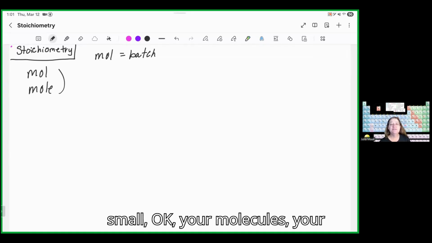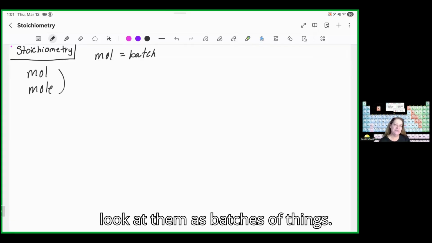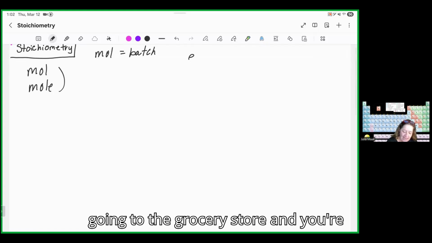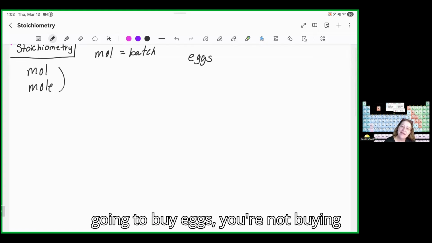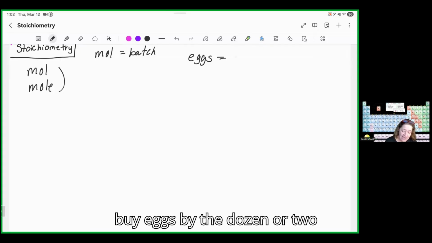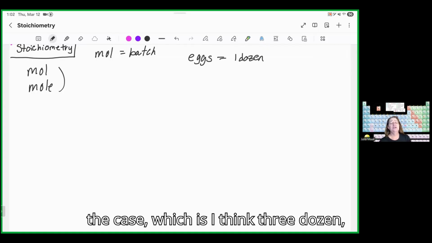Your molecules, your atoms, your elements are so small that we can't actually see one at a time. So we look at them as batches of things. It's like if you are going to the grocery store to buy eggs, you're not buying eggs one egg at a time. You buy eggs by the dozen or 2 dozen or a dozen and a half, or right by the case, which is I think 3 dozen, 12 dozen.